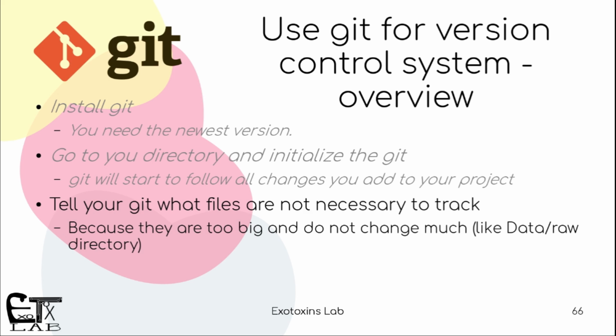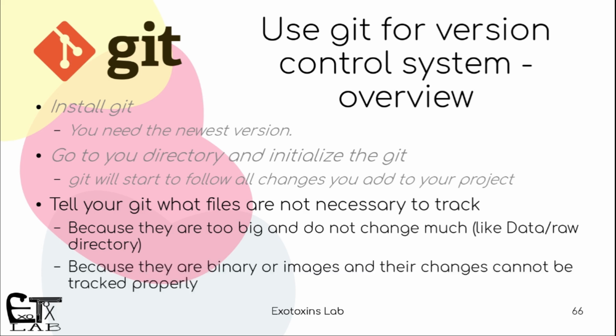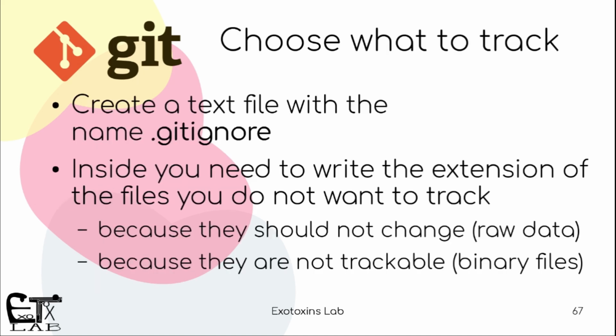For example, the raw data directory should never change, and you don't want to keep track of that because there is no need. You want to keep track of what you are doing in the other files. It could be as well because they are binary files or images whose changes cannot be tracked properly by Git.